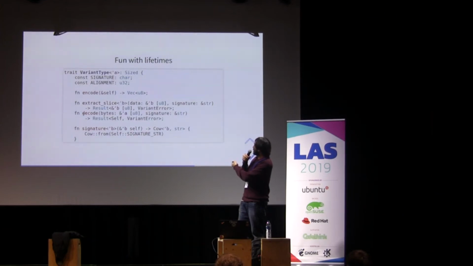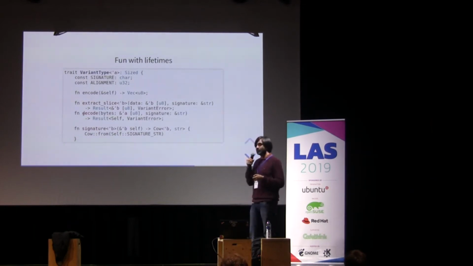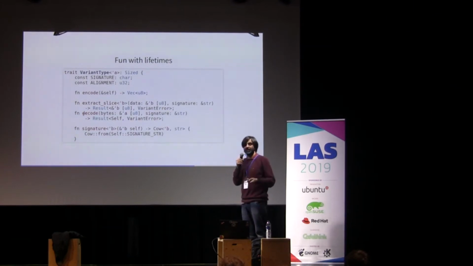Which worked well for a bit, but I ran into a lot of problems. Each time I changed anything in the API, lifetimes got in the way, and I had to make sure that they were all okay.